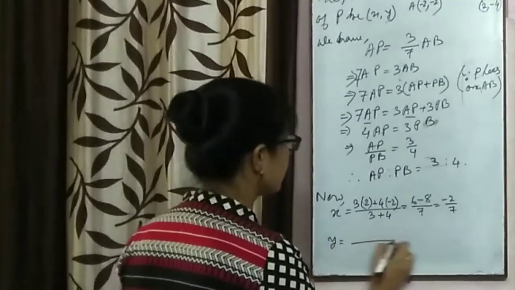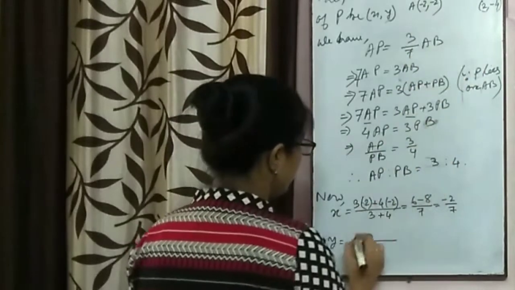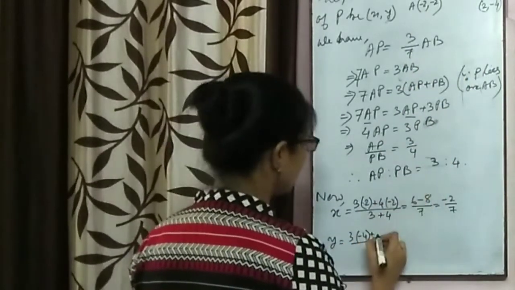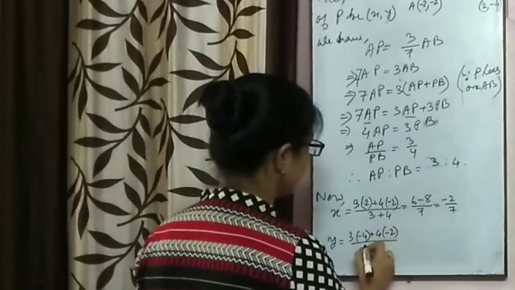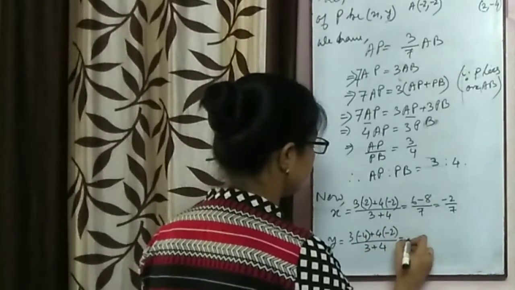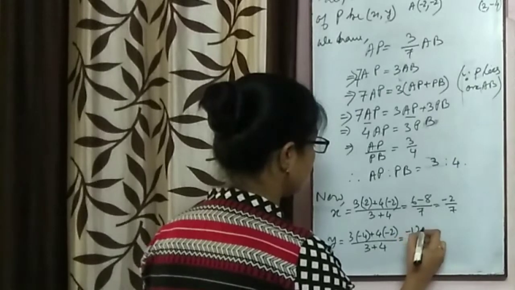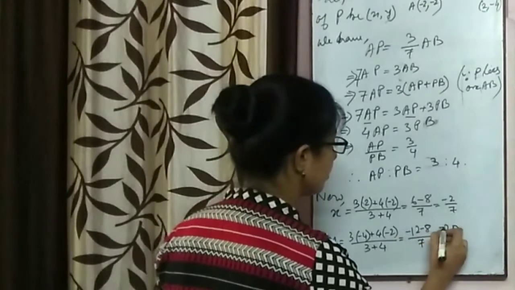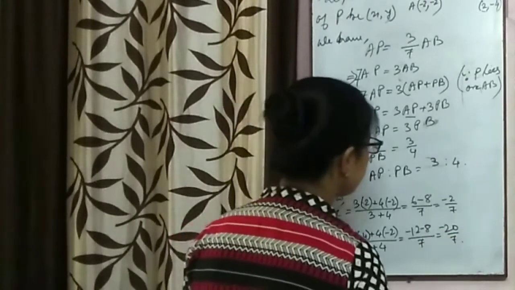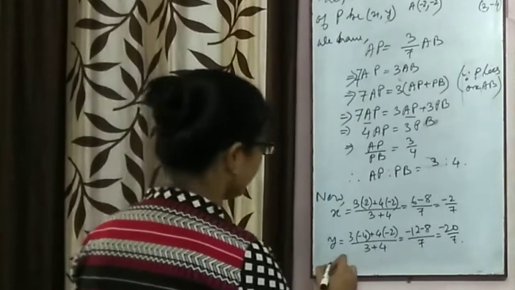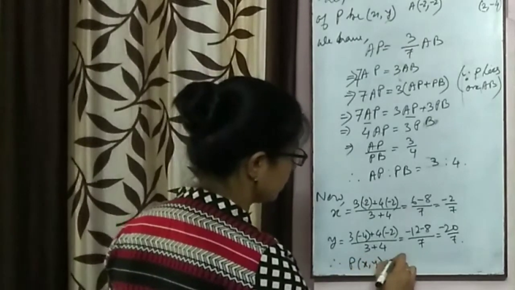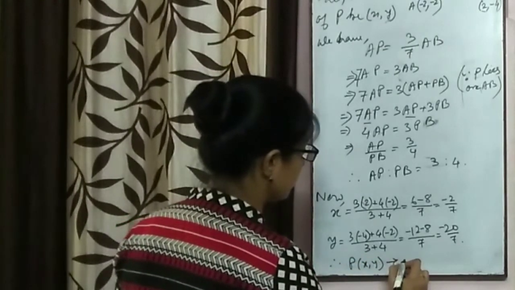And the y coordinate: 3 into -4 plus 4 into -2, which is -20 by 7. Therefore P(x, y) is equal to P.